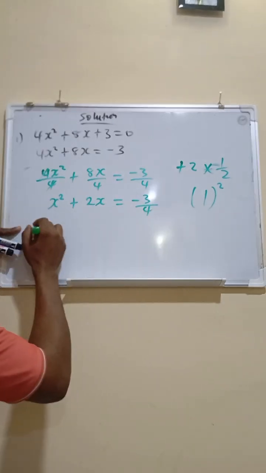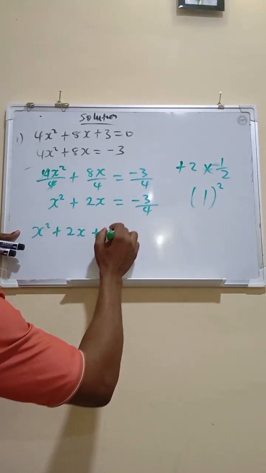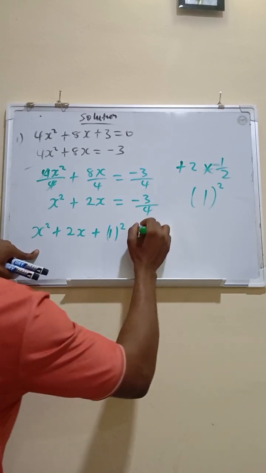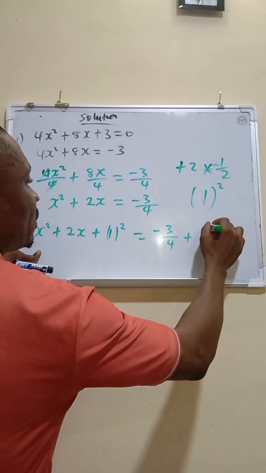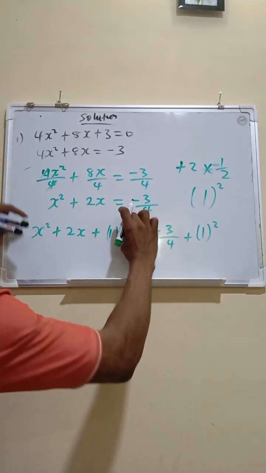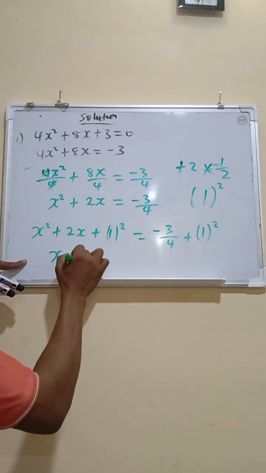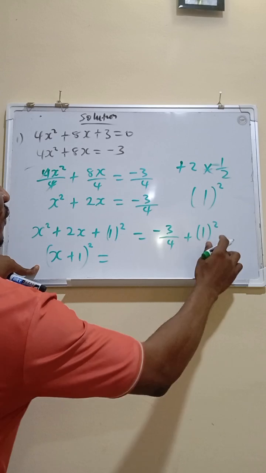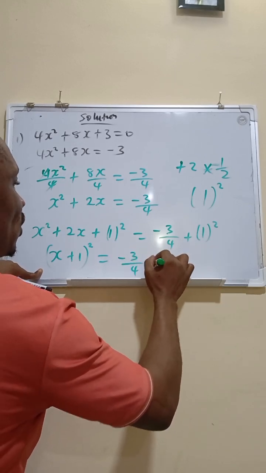So now you have x squared plus 2x plus 1 squared equals minus 3 over 4 plus 1 squared. Combine these two to get x plus 1 all squared equals minus 3 over 4 plus 1.